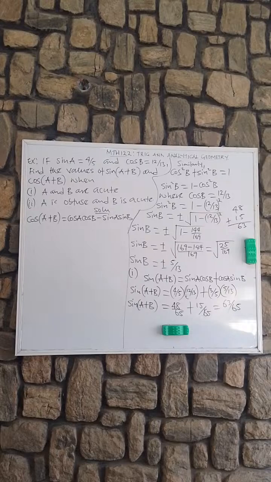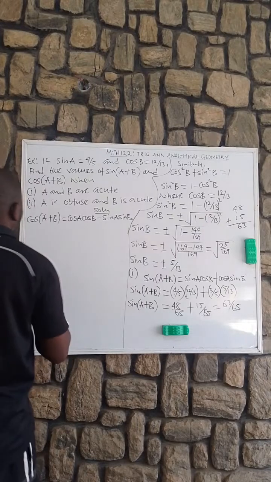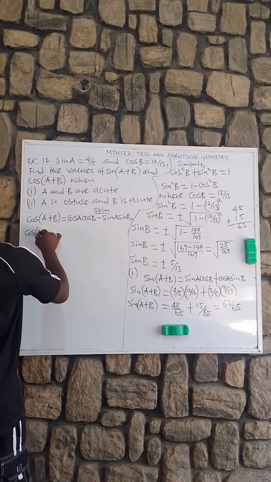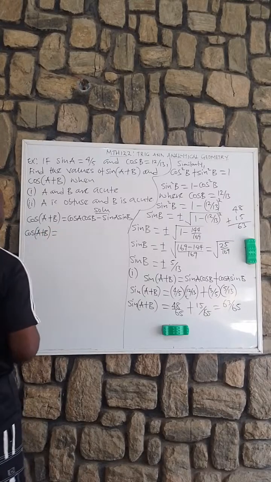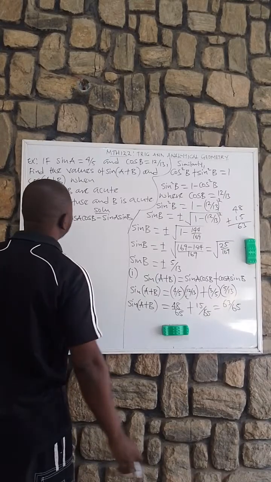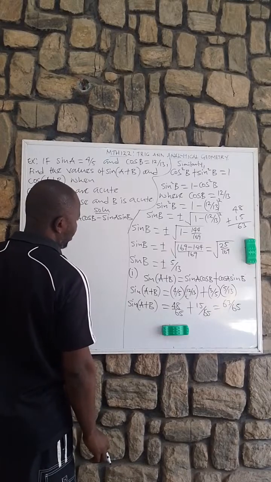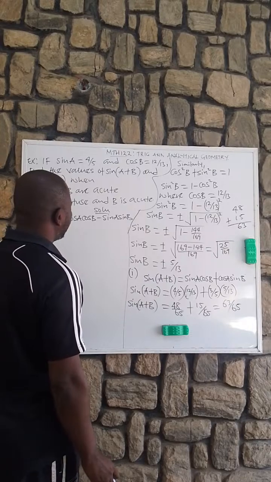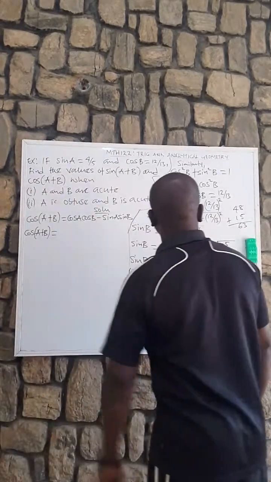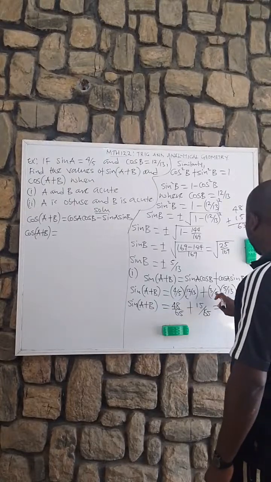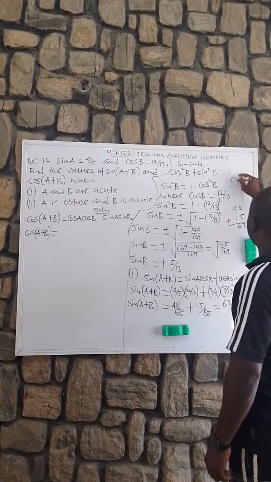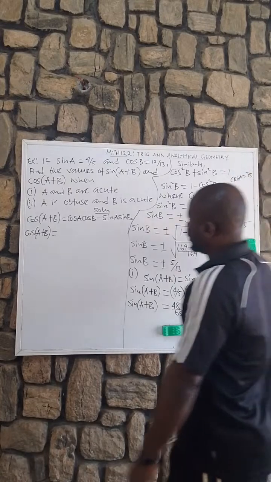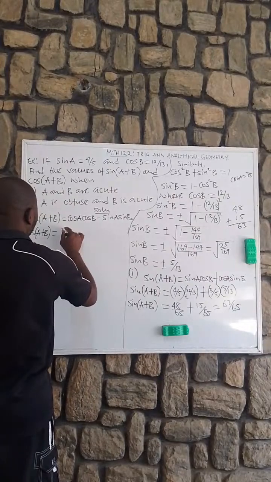Okay, so here our cos open bracket A plus B is equals to, what is cos A? What is our cos A? Cos A is 3 all over 5, right? 3 all over 5.